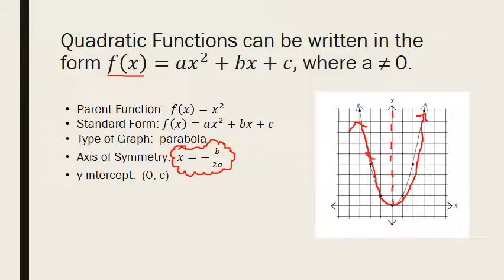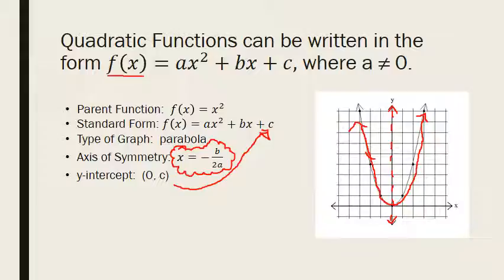Right here I'm drawing the axis of symmetry for this one. It cuts it right down the middle. And our y-intercept is the point 0, c, and the c we're talking about is this c right here. So if it's in standard form, you should know what the y-intercept is. It will be that c value.